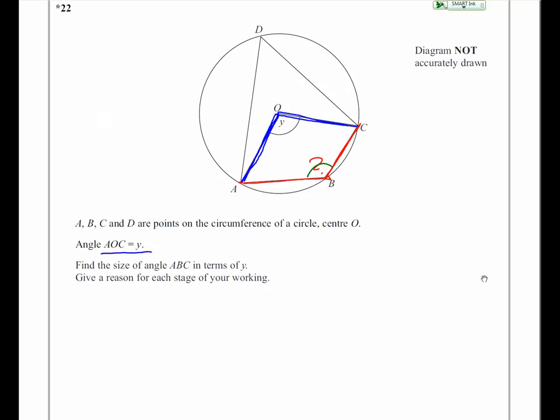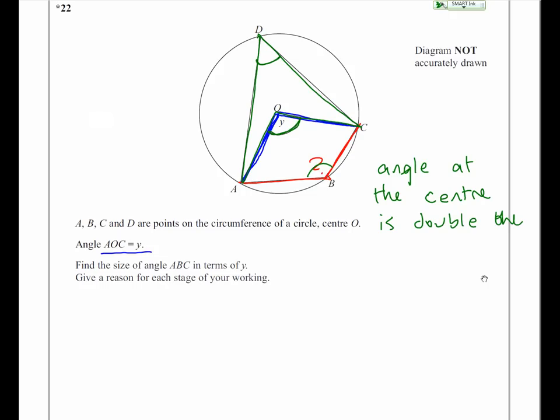Now, can you see the Star Trek sign? I've done a video on circle theorems if you want to check it out, but that is related to these two things. And it says that the angle at the center is double the angle at the circumference.